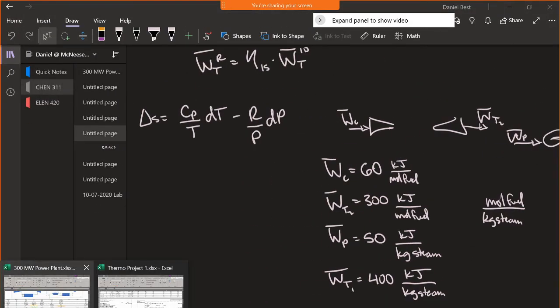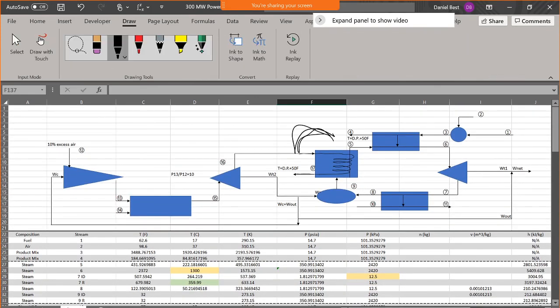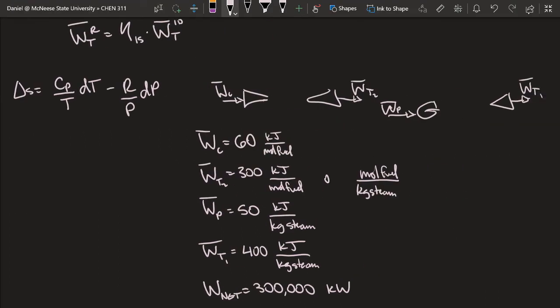For this heat exchanger that's right here, we're just going to say, for this arbitrary purpose, that the mass ratio is 0.5. So 1/2. Okay?